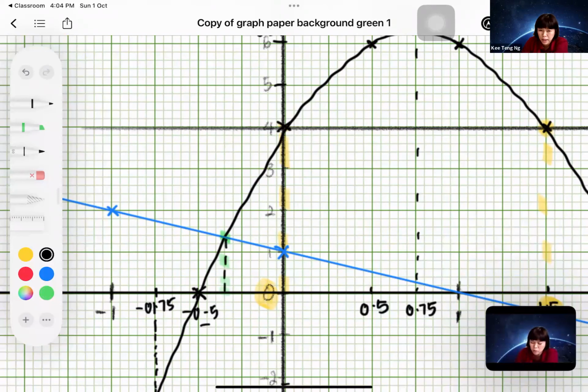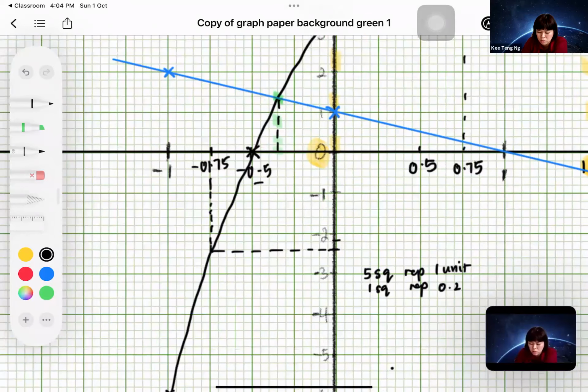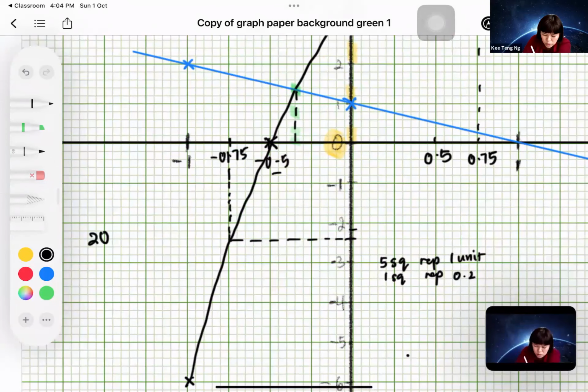I want to read the x value. Recall 1, 2, 3, 4, 5, 4 cm. So there are 20 squares, and 20 squares represent 1 unit. 1 small square will be 1 divided by 20, which is 0.05 of a unit.